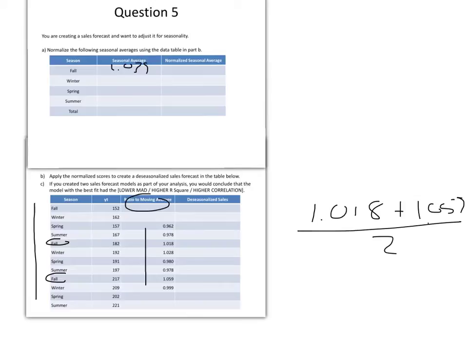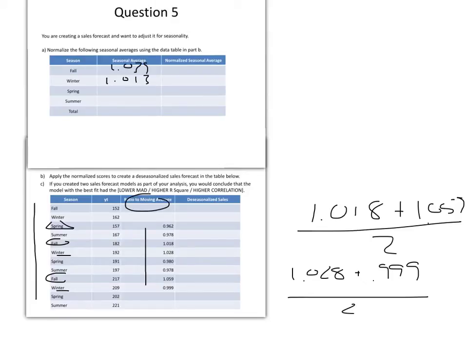So then we just move on to our next one, winter. So winter and winter. We do the same thing there. We're going to add 1.028 plus 0.999 over 2. And then for winter, we get 1.013. And we do the same thing for spring.